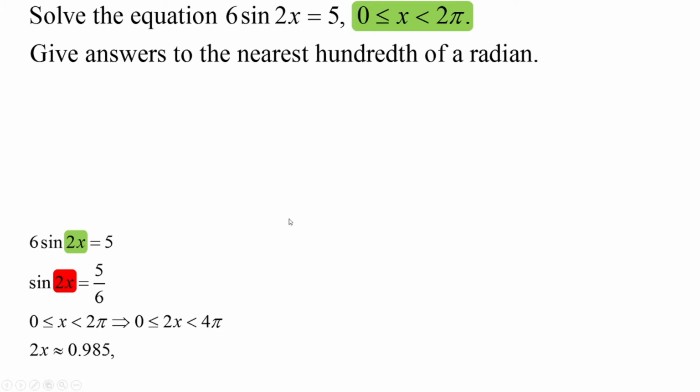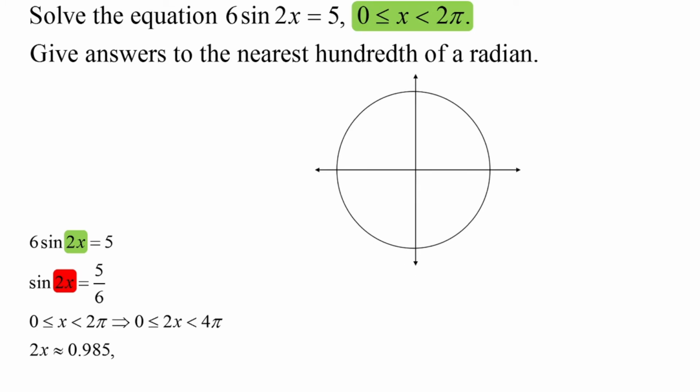Okay, now, you know with trig, we're periodic, so there's going to be several values of 2x for which inverse sine is 5 over 6. So let's go ahead and put this 0.985 on our circle. And again, this whole length would be 1.57 right there. So 0.985 doesn't have to be perfect, but let's put it about right there. Now, in what other quadrant is sine positive?